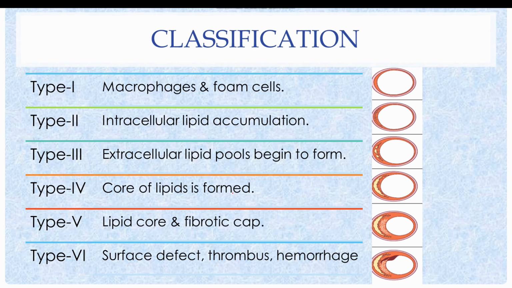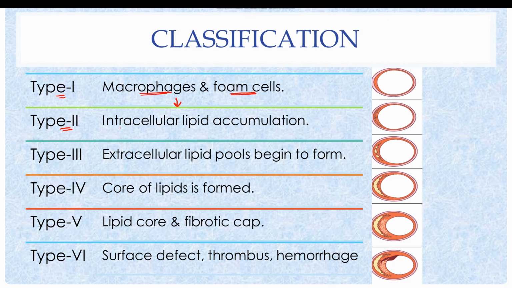According to the American Heart Association, atherosclerosis is further divided into 6 types. Each type also indicates the progression of the atherosclerotic plaque. Type 1 is indicated by the presence of macrophages and foam cells within the walls of arteries, which further progress into type 2 atherosclerosis.